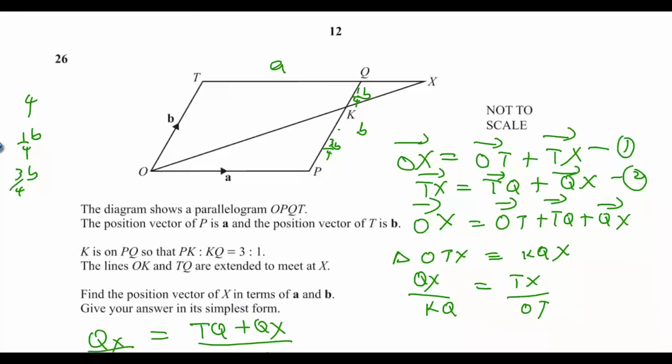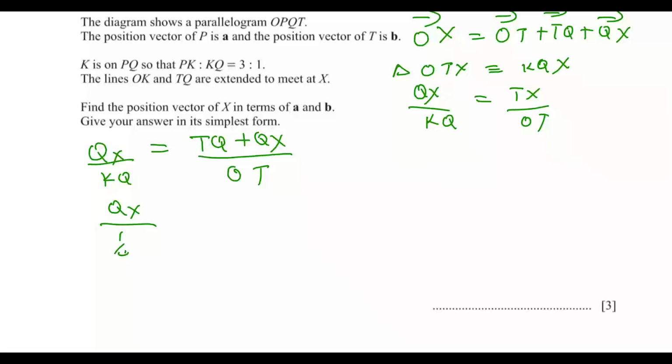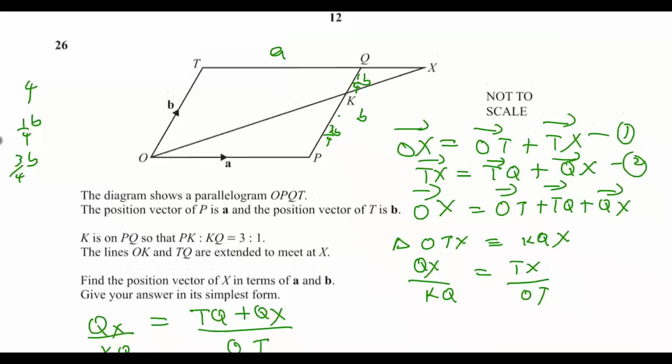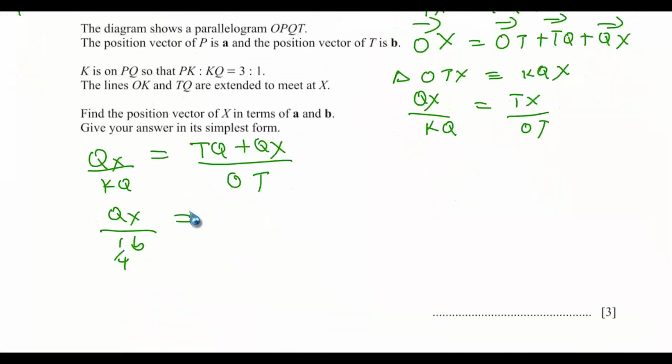If you scroll up, KQ is 1 over 4B, and equals to TQ which is A, then add QX over B. Okay, so from here B will cancel B, so we are left with QX over 1 out of 4 to be equals to A plus QX.